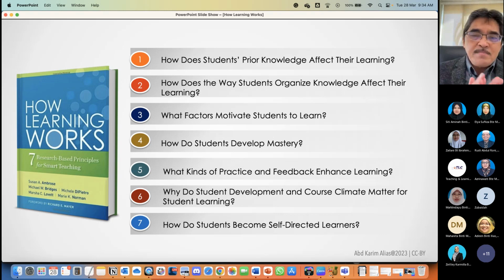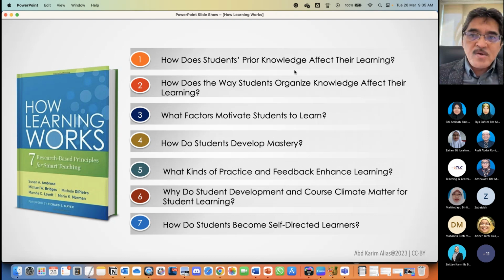I want to cover a little bit more with some examples so that we understand principle number 1 very well, because I think it's very important for us to really understand why it's important to connect the prior knowledge with the current lesson that we want the students to learn. So that connection is very important to take place.